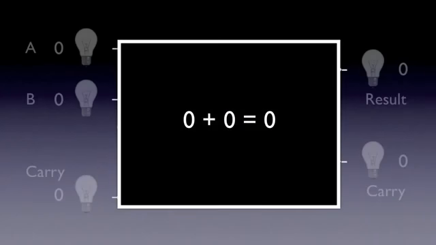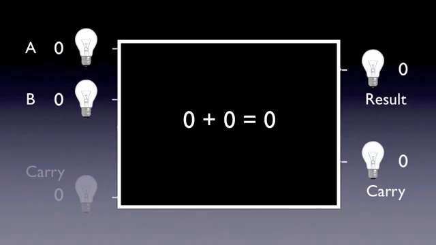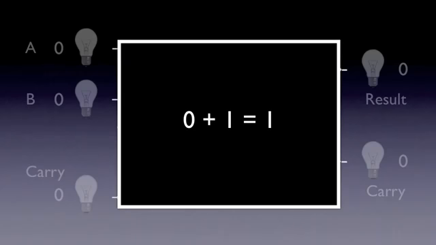Let's return to the adder circuit and see how it performs this addition. We'll start with an easy one. 0 plus 0 is 0, and there's no need to carry anything. Easy. Let's look at another one. 0 plus 1 is 1, and again there's no need to carry.